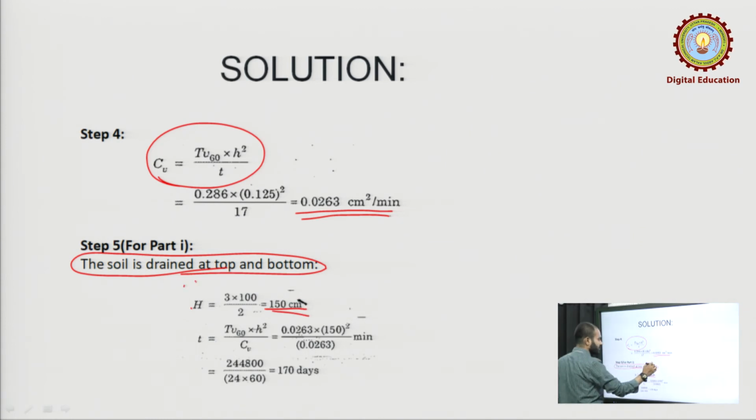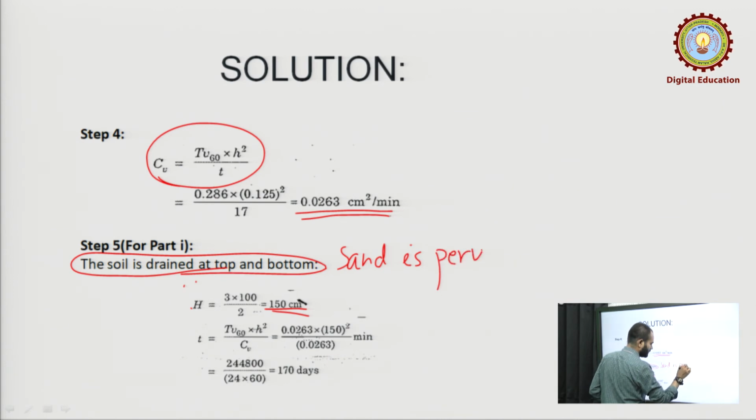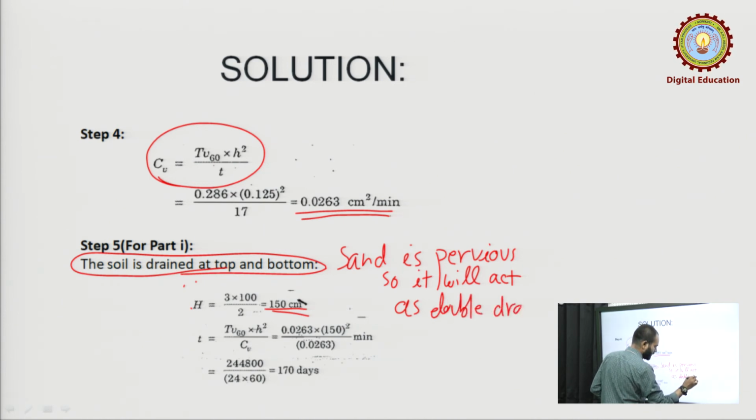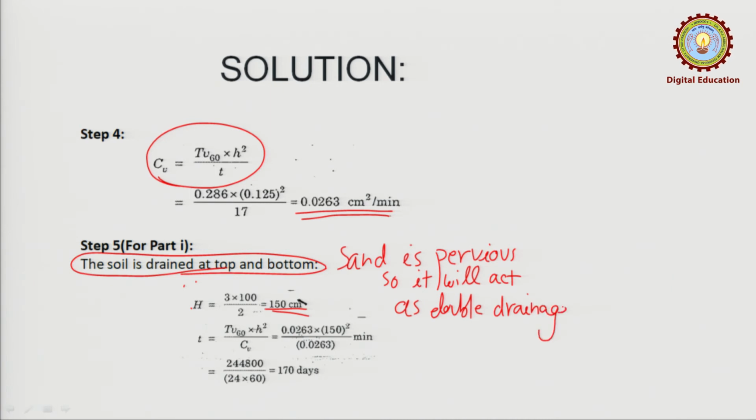This is the condition because sand is pervious, so it will act as the double drainage condition. So, H will be by 2. Again we have to find t. So, 60 you have calculated, H you know now, Cv you have calculated, just find out that t, same as the previous question.